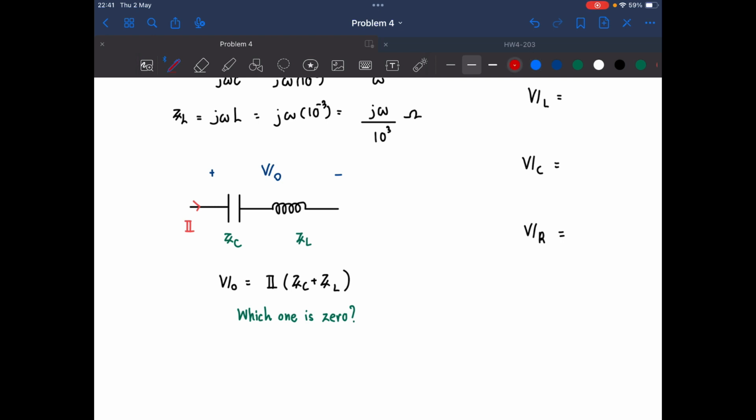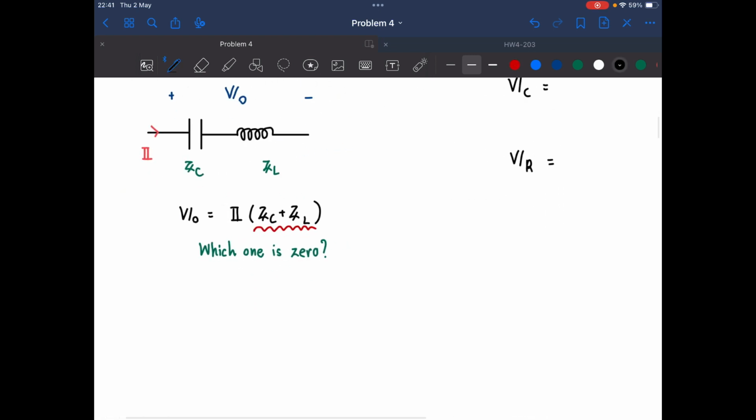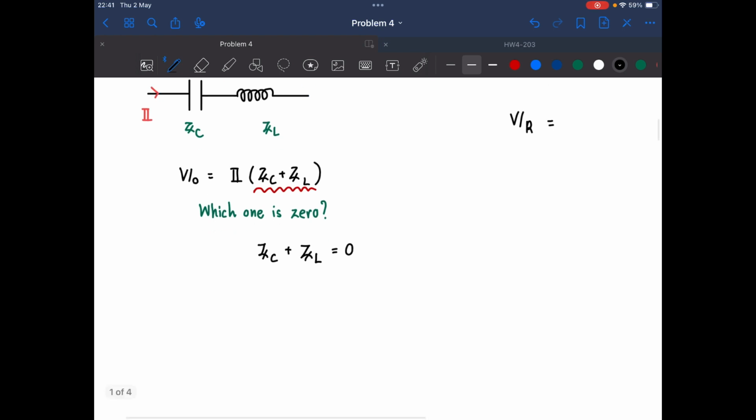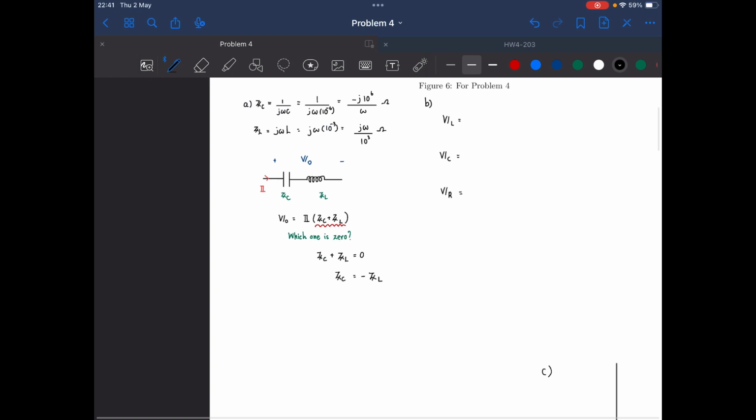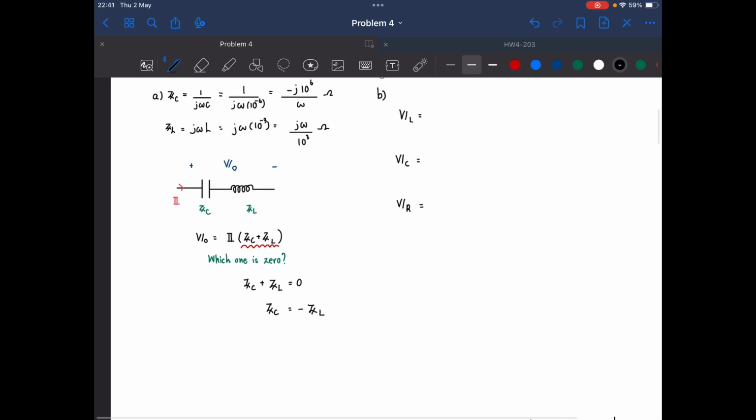So in this, which one will be 0? I will tell you that it will be this value. So we can write that the impedance of C plus the impedance of L is equal to 0, which means that the impedance of C is equal to the minus of the impedance of the inductor here.